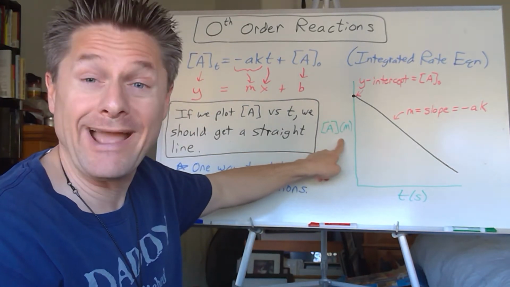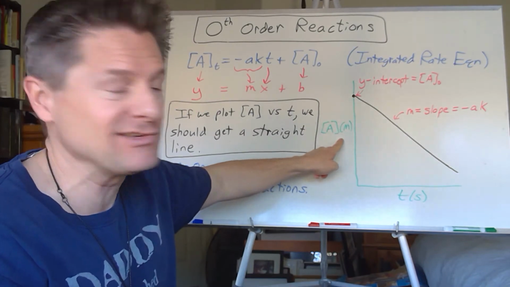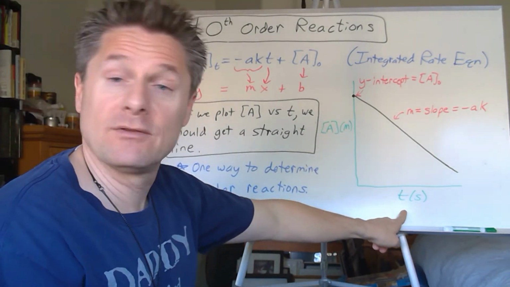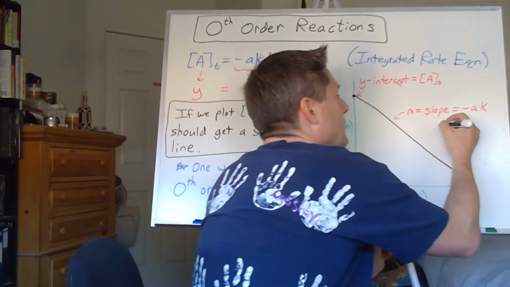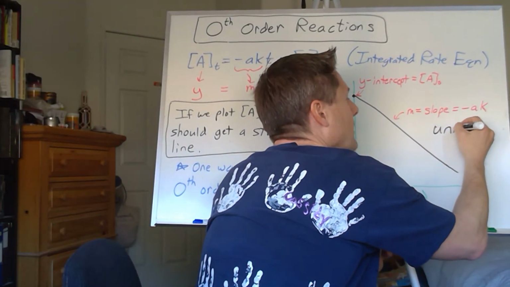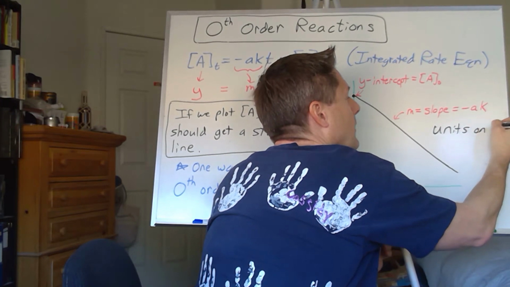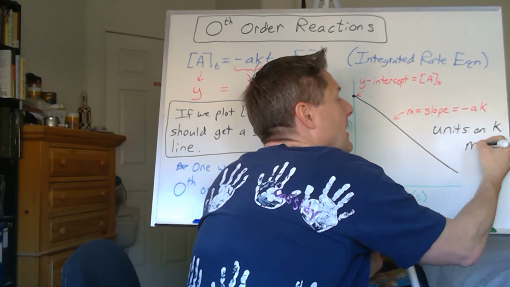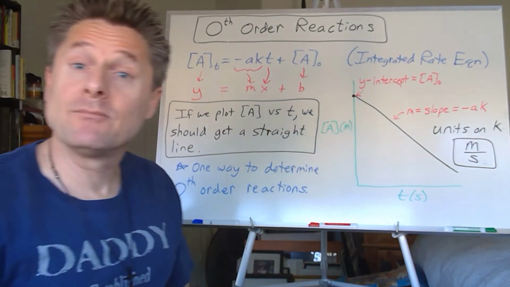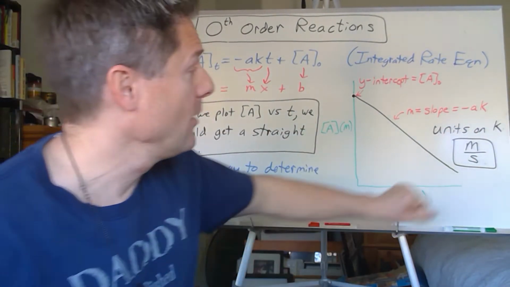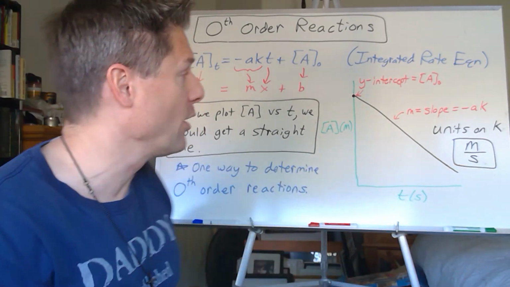So it would be units of the y-axis, molarity or a concentration, whatever it is, over units of the x-axis, which is time. In this case, I have seconds on here. So units on k will be concentration over time, whatever the concentration unit, whatever the time. If you plotted this in minutes, it'd be over minutes.